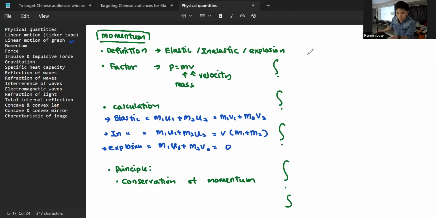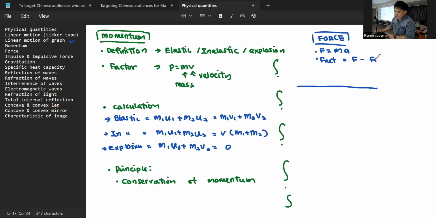Okay, so let's see. Force F equals MA. So for these force questions, students, instead of F equals MA, I will say F net is equal to... anyone? Force minus the frictional force.